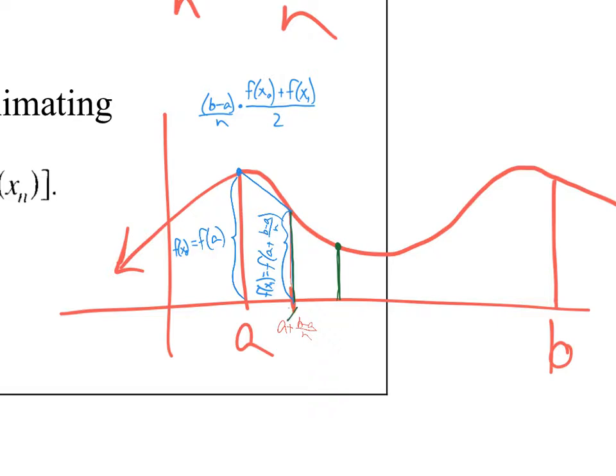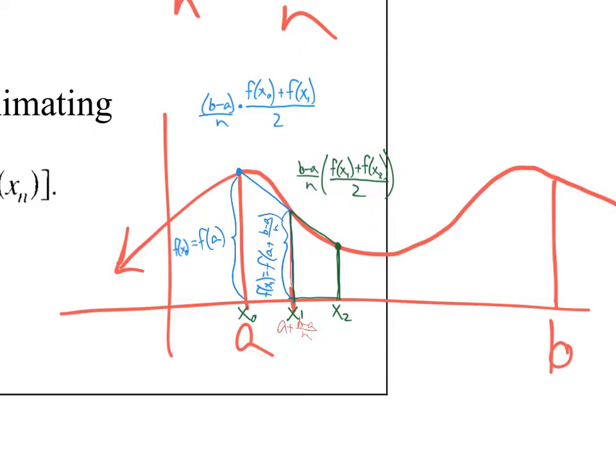Since this was x sub 1, this is going to be x sub 2. Notice the area for this trapezoid here is going to be b minus a over n times, in this case, f of x sub 1 plus f of x sub 2 all over 2, the average of the bases.